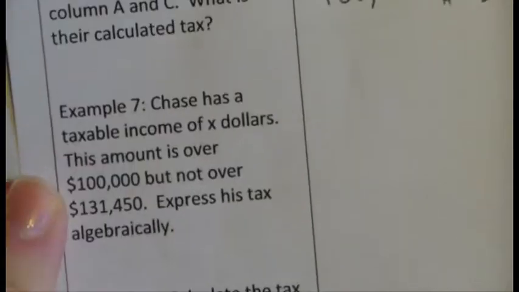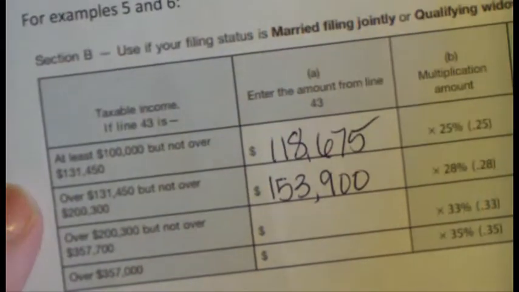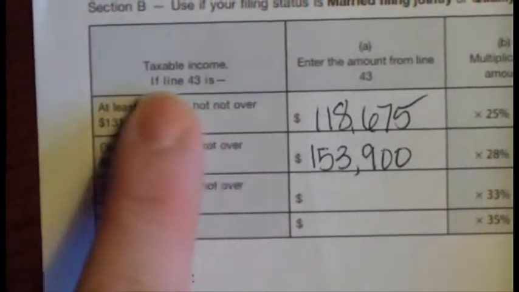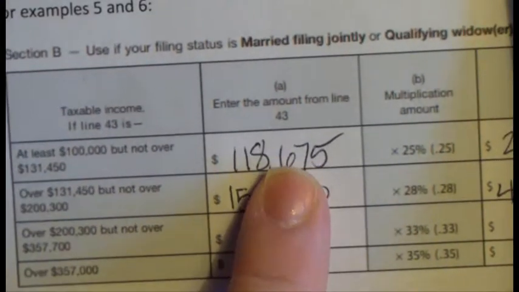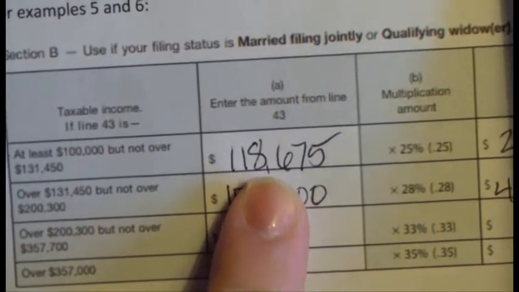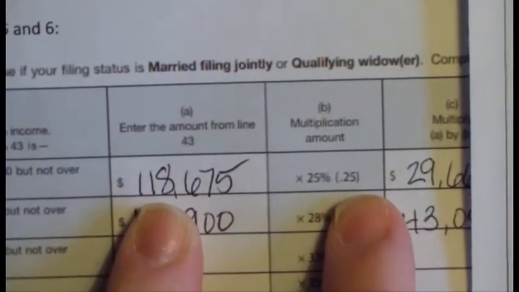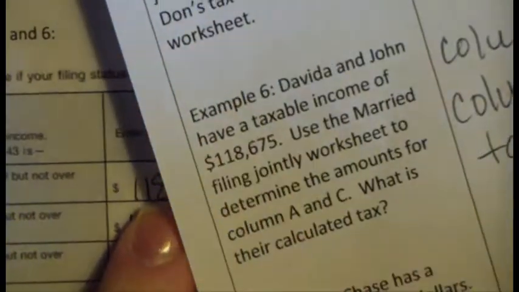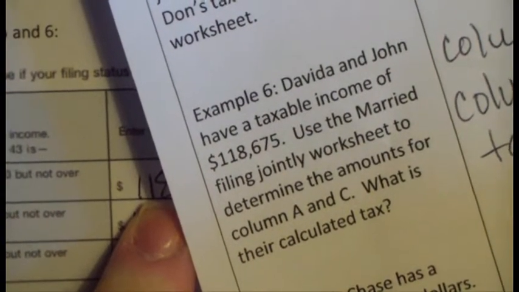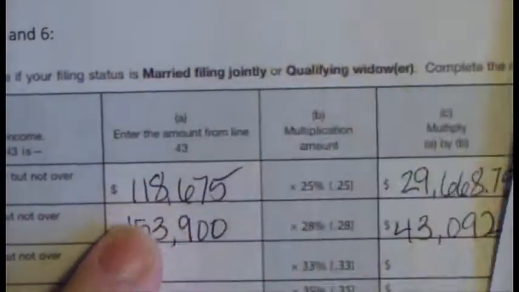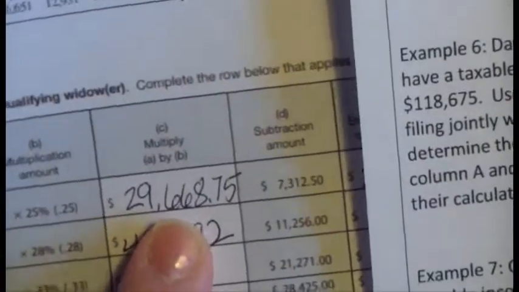So that's this row right here. Column A, we don't know their taxable income, that's just X. But we do X times 0.25. So normally we put the number in front of our variable, 0.25x. And that gives you your value for part C.